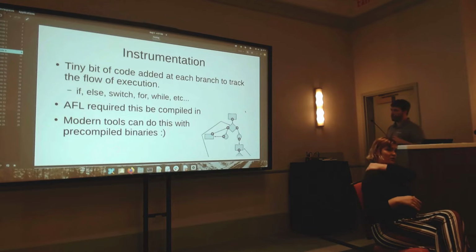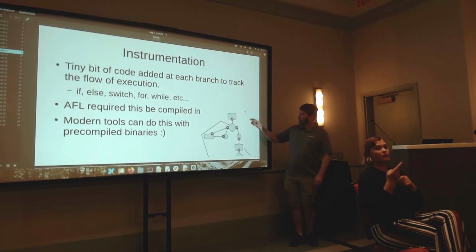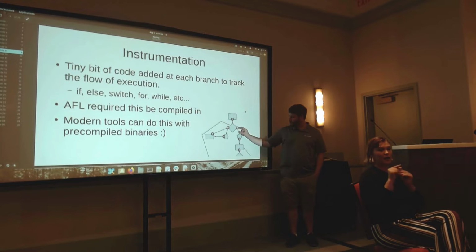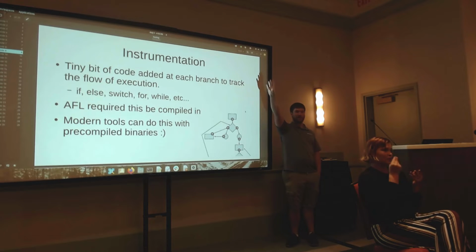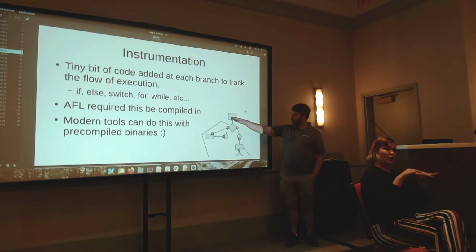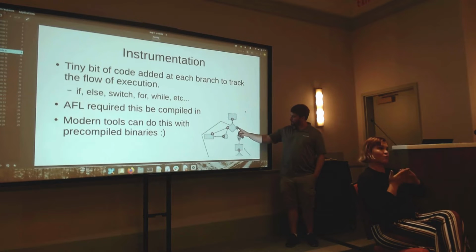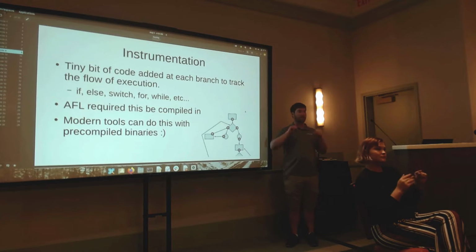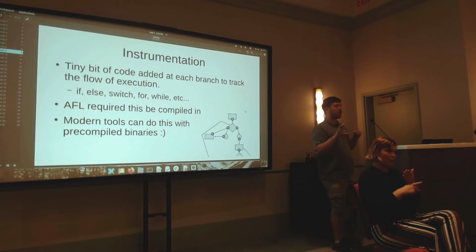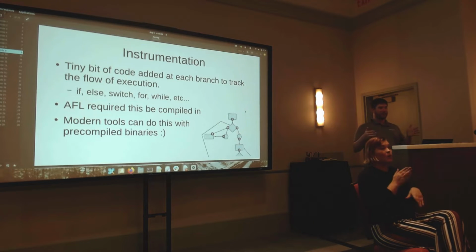And we compile the program using AFL and add a tiny bit of code at each of those branch locations that emits some information about, hey, I just reached a different branch. That way, when the program runs and all of these little bits of instrumentation are reporting what's happening, where the program is in its execution chain, we can sort of track when it does something new or something novel, something different. All right?